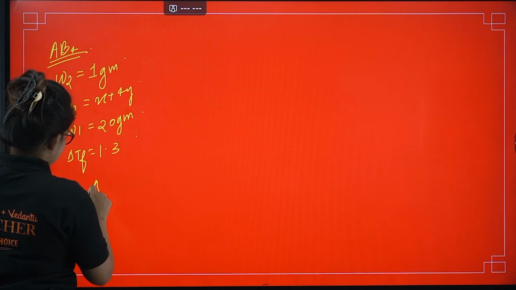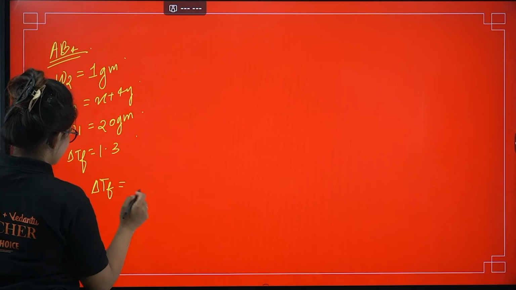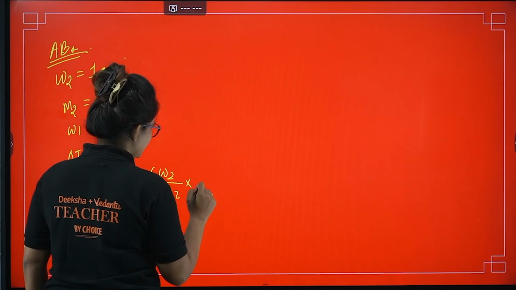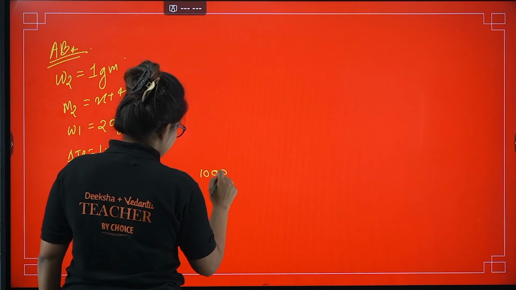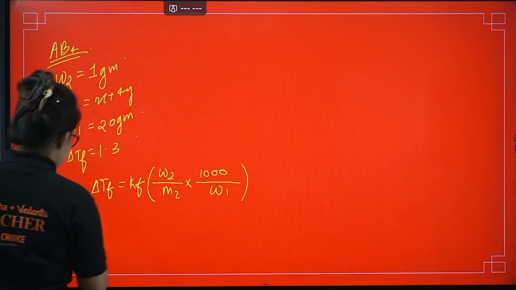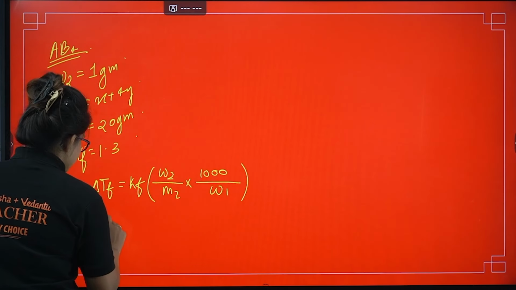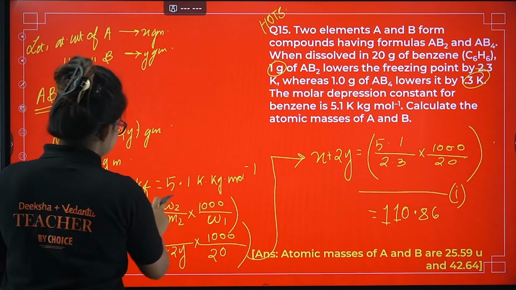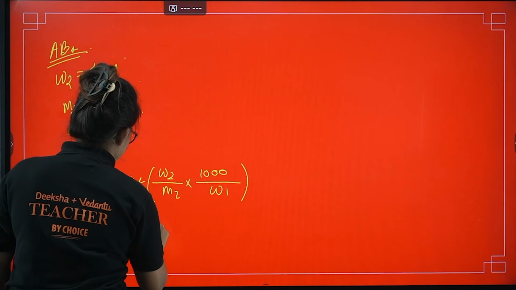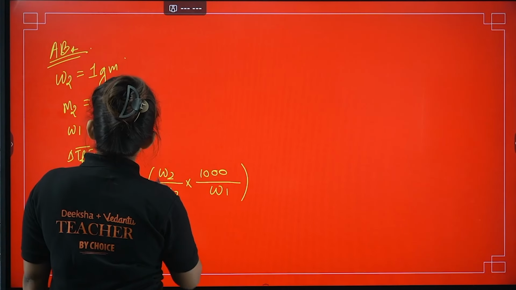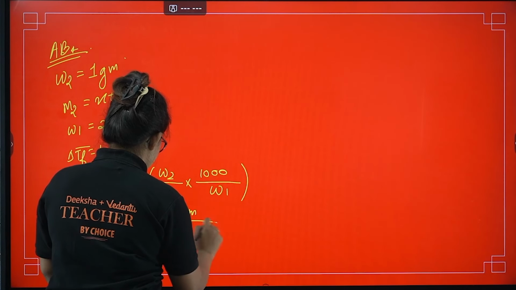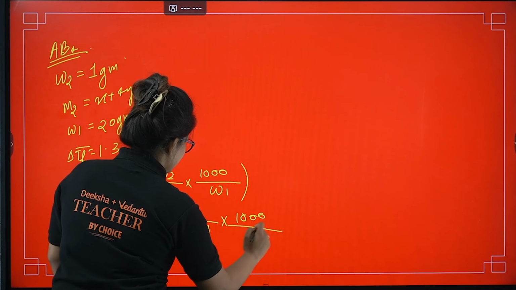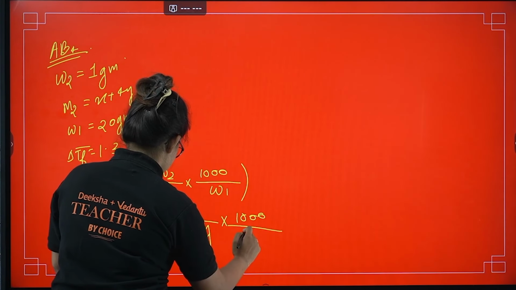Delta TF equals Kf into W2 by M2 into 1000 divided by W1. Delta TF is given as 1.3 equals 5.1, the Kf value. Yes, 5.1. Here W2 is 1 gram as usual, divided by x plus 4y into 1000 divided by W1, where W1 is 20 gram of benzene.